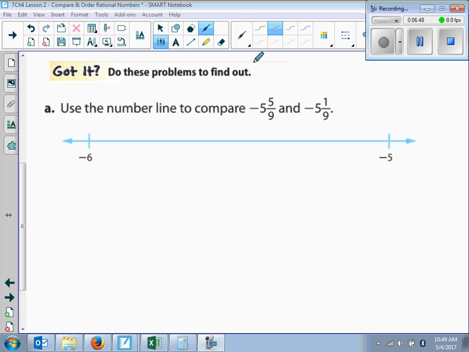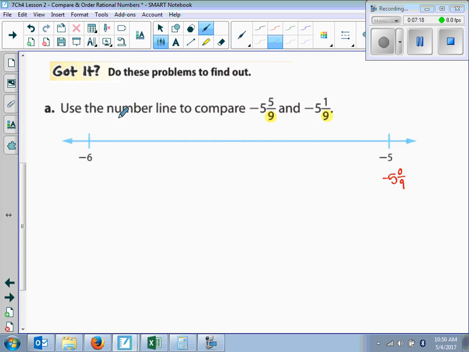Now, because we are comparing ninths, that means we have to have 9 sections on here, okay? If I'm starting with the negative 5, you can think of this as negative 5 and 0/9, which is just negative 5, right?